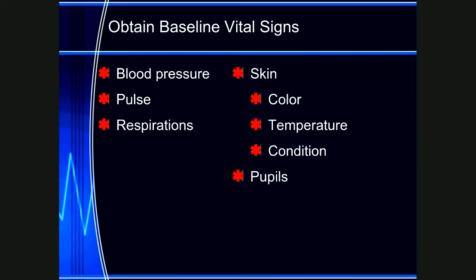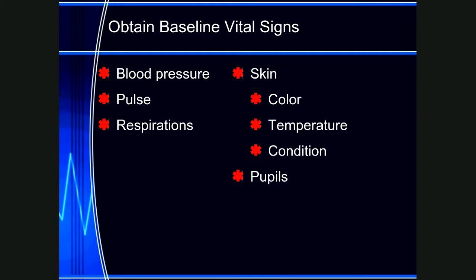The skin temperature. Are they warm? Are they cool? Are they hot? Are they cold? And the skin condition. Are they dry? Are they moist? Are they clammy? Are they diaphoretic? Skin condition.